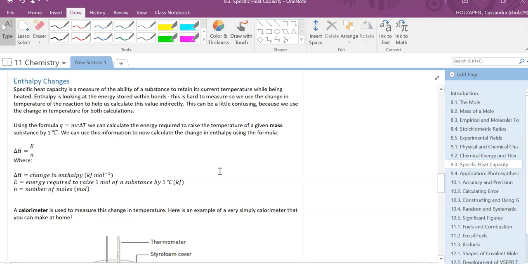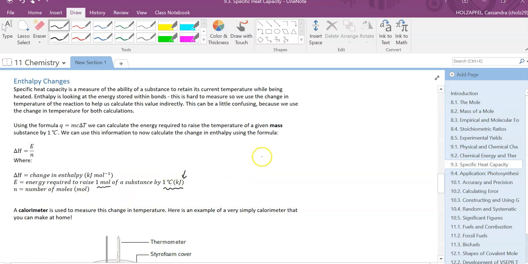The change in enthalpy is going to be equal to the energy required to change 1 mole of a substance by 1 degree Celsius. And something to be very careful of here is that this is measured in kilojoules, not just in joules. And again, it's moles now that we're dealing with, not mass.